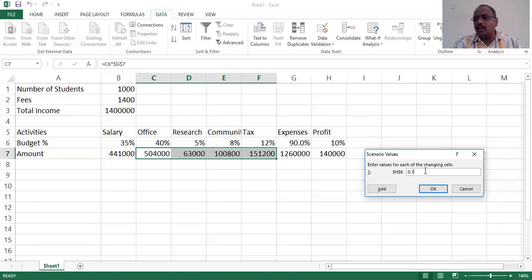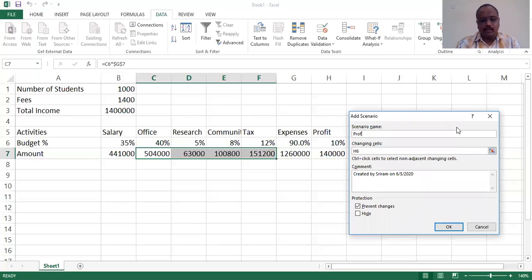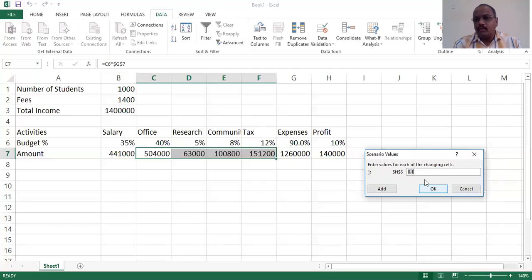The next one we are going to make 12%. Then the third one, I'm going to take it as Profit 3, again the same cell. We are going to calculate for 15%, so 0.15.